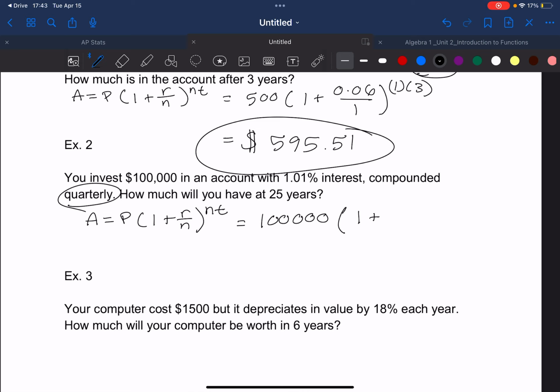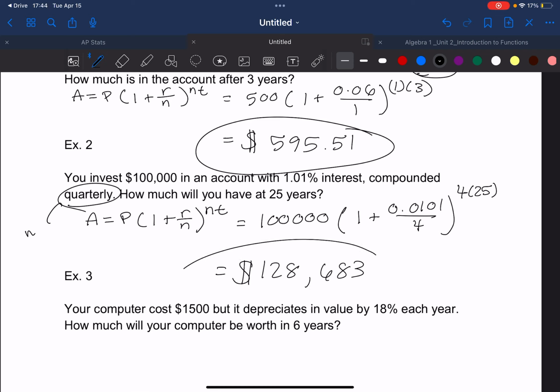And notice that even though this looks like a decimal, it's actually a percentage. So I would change that by moving 2 decimal places to the left. So this is 0.0101 divided by 4. Quarterly represents our N, 4 times a year, to the power of 4 times 25. And if you type that into your calculator, you get $128,683.